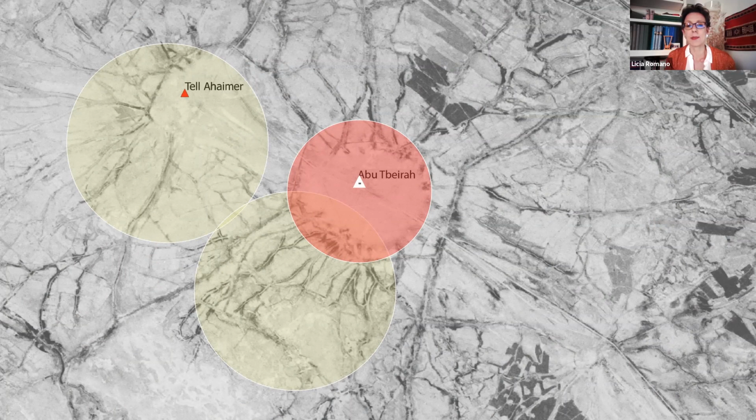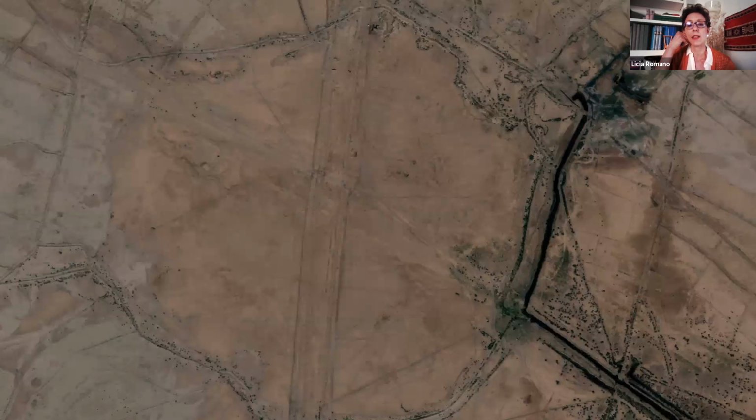And this means also that the southern part of Abu Tbeirah was probably more affected by a flooding event. And this can be the reason why the Abu Tbeirah settlement was gradually reduced to its northeastern part.